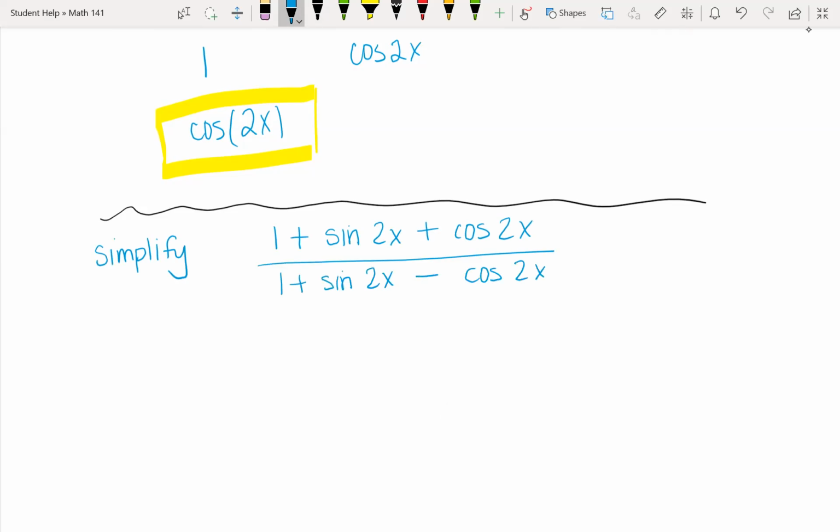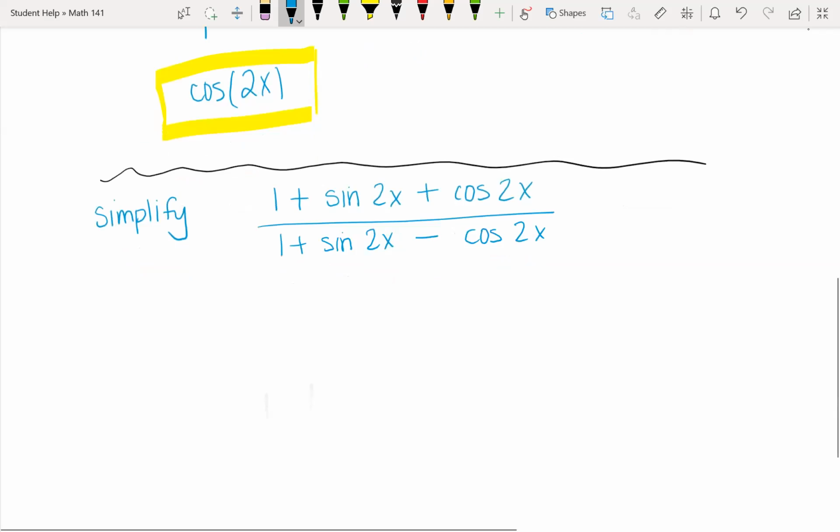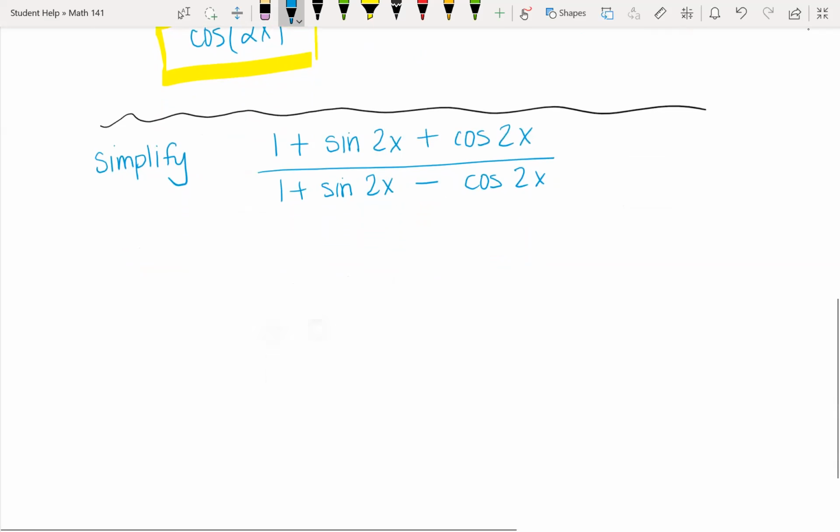Oftentimes in calculus, you'll get a complicated trig function and you want to simplify it so that you can take an integral or a derivative. This would be an example of something where we could minimize the complexity. So what I'm going to do is use the double angle formulas to exchange each of these.